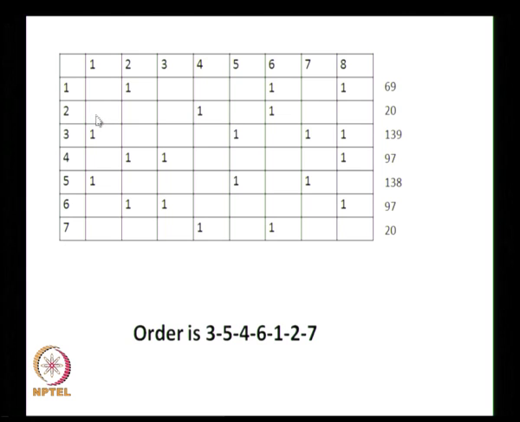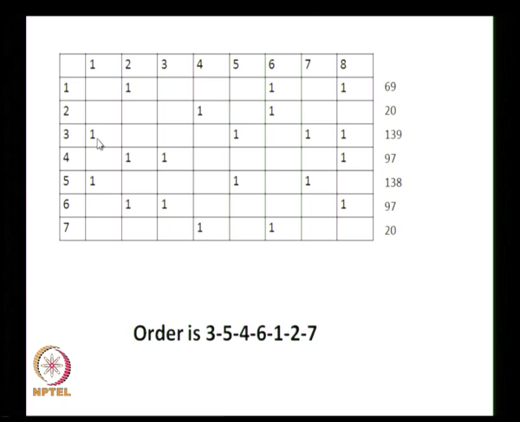So, the actual weight is 0 into 2 power 7 plus 0 into 2 power 6 plus 0 into 2 power 5 plus 1 into 2 power 4 plus 0 into 2 cubed plus 1 into 2 square plus 0 into 2 power 1 plus 0 into 2 power 0. So, 16 plus 4 gives us a weight of 20.